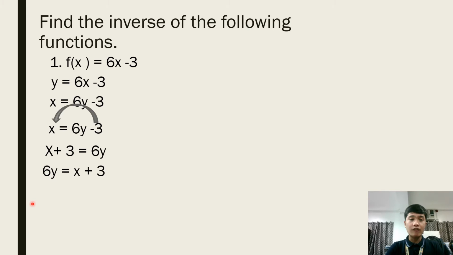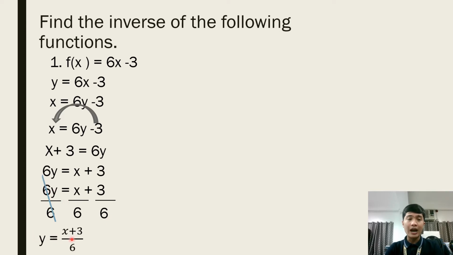So solving for the value of y, dahil si y lang naman ang kailangan natin, we will divide both sides by 6. So 6y divided by 6, x divided by 6, 3 divided by 6. I-cancel natin ito. y is equal to x plus 3 all over 6.